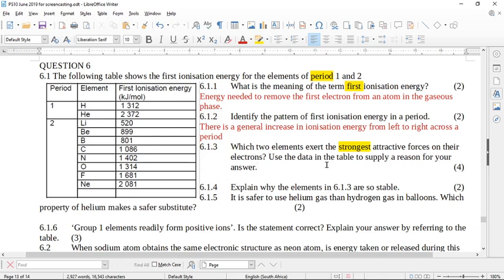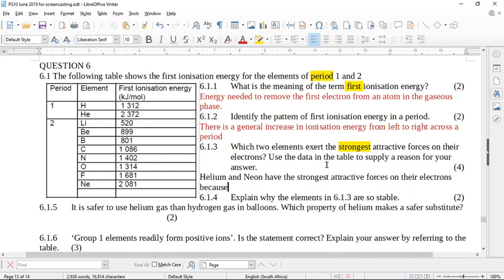Helium and neon have the strongest attractive forces on their electrons because they have the 2 highest ionization energies in the table.